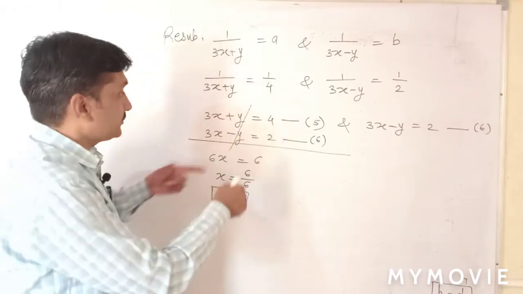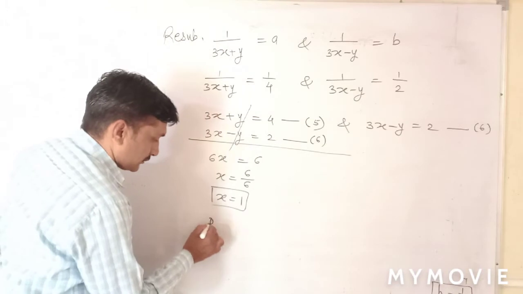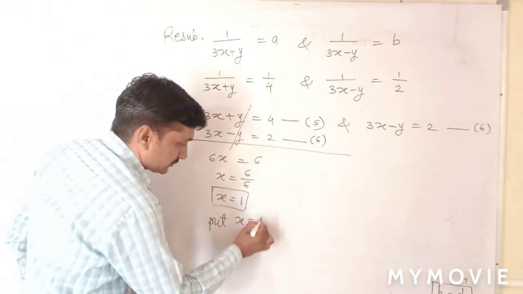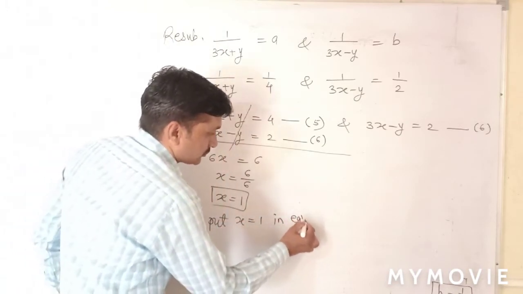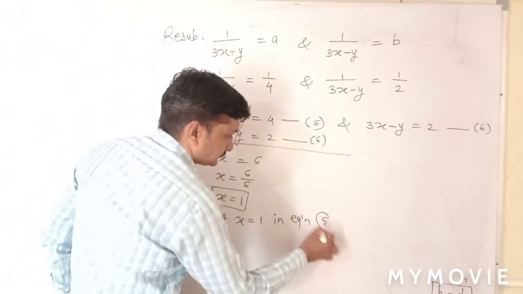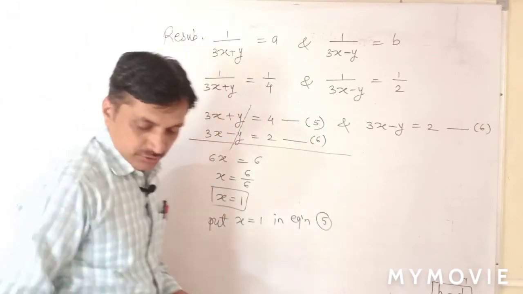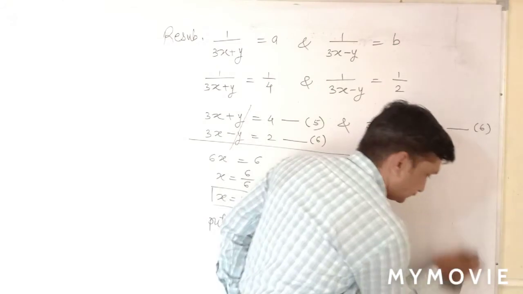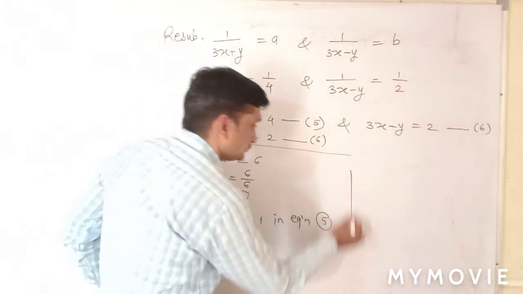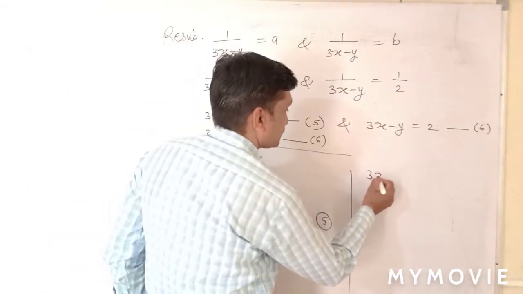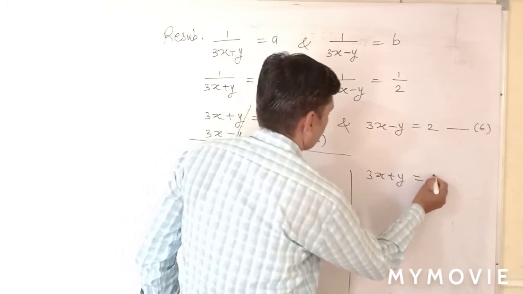Now put this in equation 5 or 6. Put x is equal to 1 in equation 5. Equation 5 I write here: 3x plus y is equal to 4.